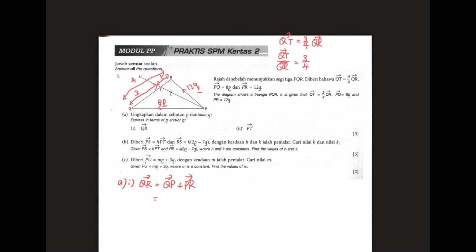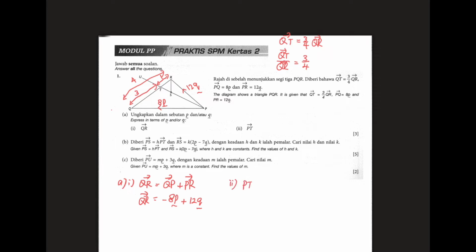So because of that, we have to take negative 8P. And the PR, the direction matches with the information given. So PR is going up, and the information given is also going up. So it's 12Q. Okay, so we get QR equal to that. And after that, we look at part 2.